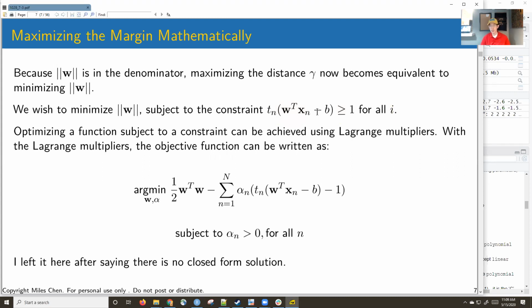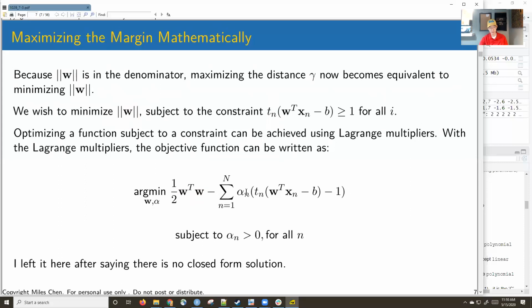So optimization subject to constraints can be done with Lagrange multipliers. And when we use the Lagrange multiplier, we rewrite our objective function, okay? So the norm of W squared can be expressed as W transpose W, and what we want to do is minimize this thing, the norm of W, but it's subject to all of these constraints.